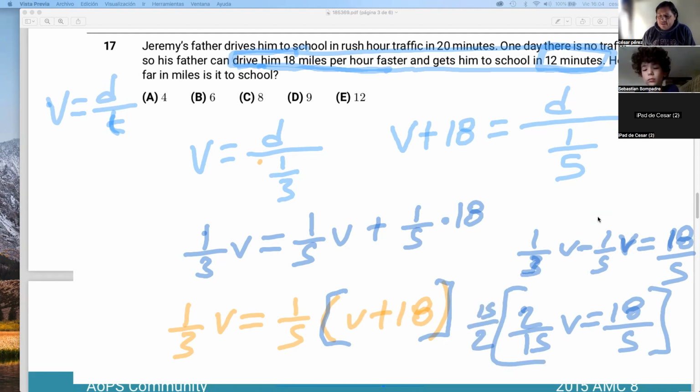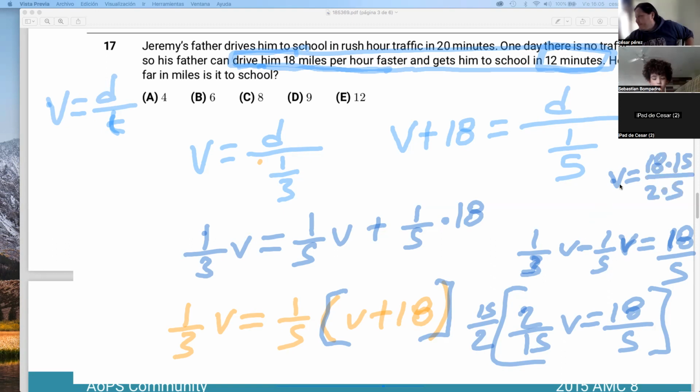And we will get, I need more space. Okay, we will get velocity equals 15 times 18, multiplied by 2 times 5.